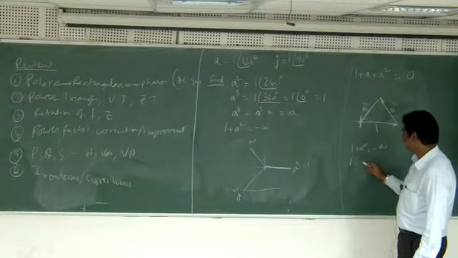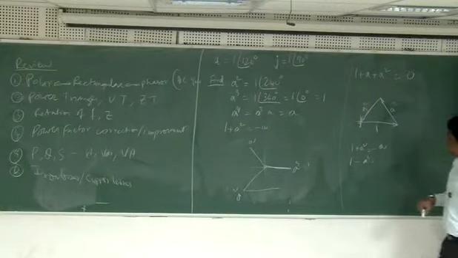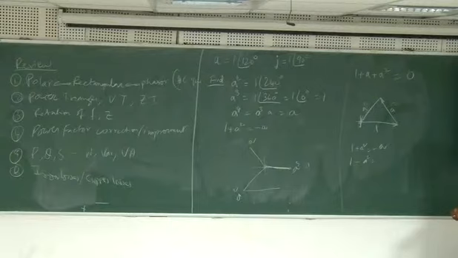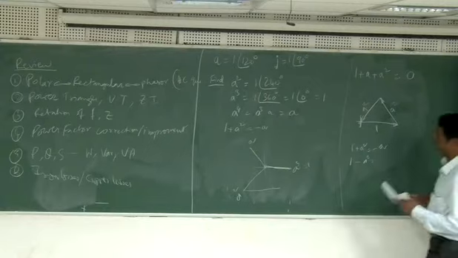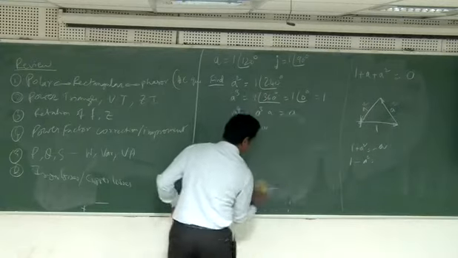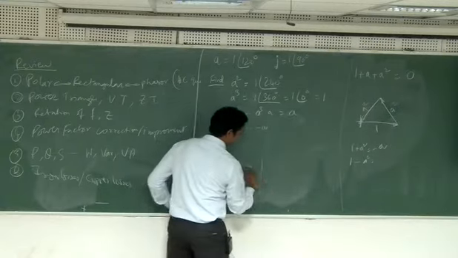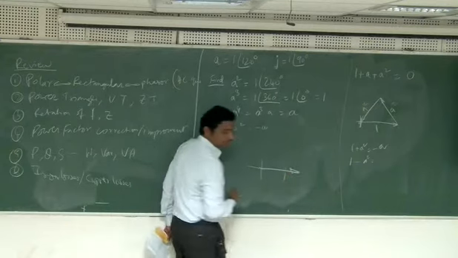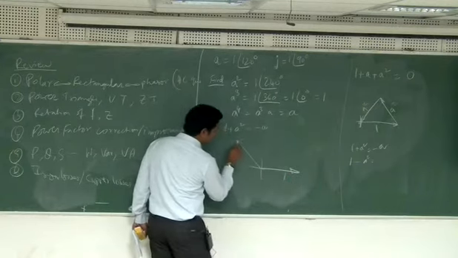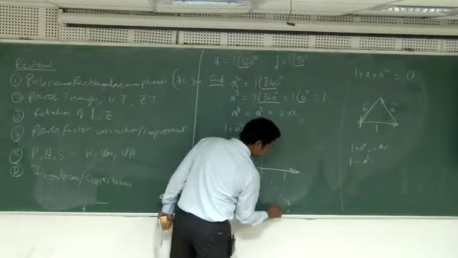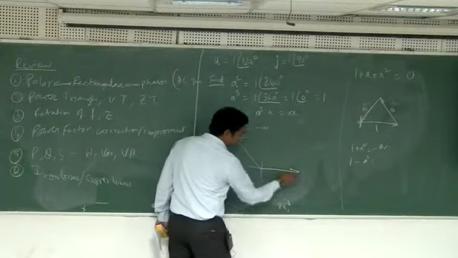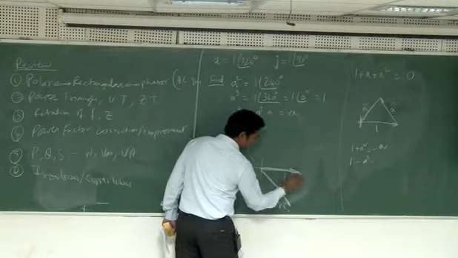So what is 1 minus A square? This is something different. This is 1, this is A square, and this is minus A square. So this is a parallelogram kind of thing now.